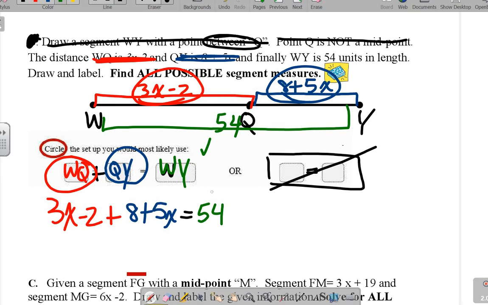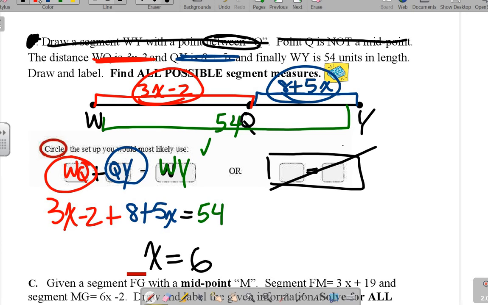Find everything possible, friends. Okay, Alaire, what's X, ma'am? 6, fabulous.